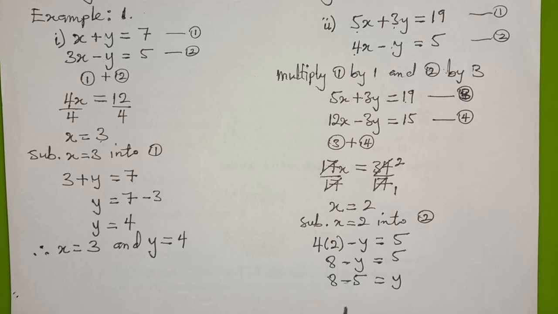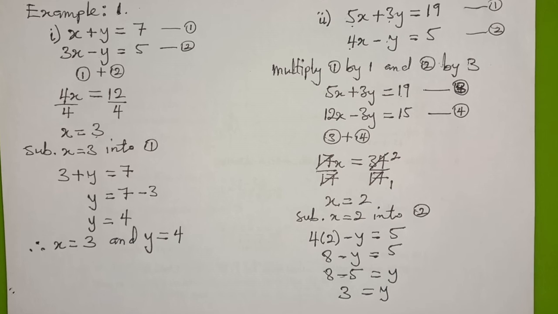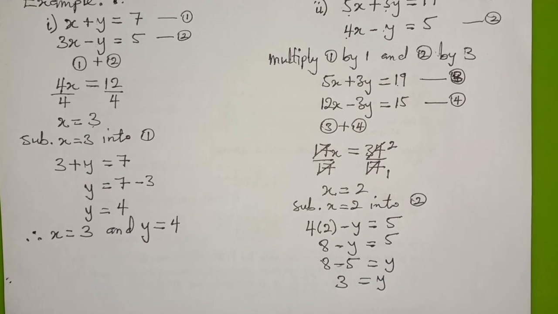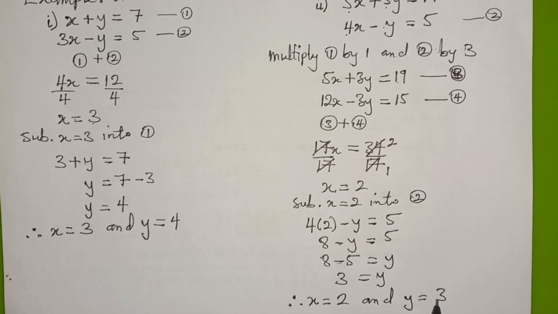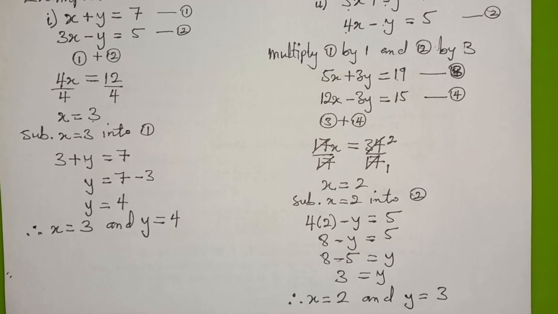So 8 minus 5 is 3, equals y. Therefore, we can boldly conclude by saying that x is equal to 2 and y is equal to 3. I hope this helps.